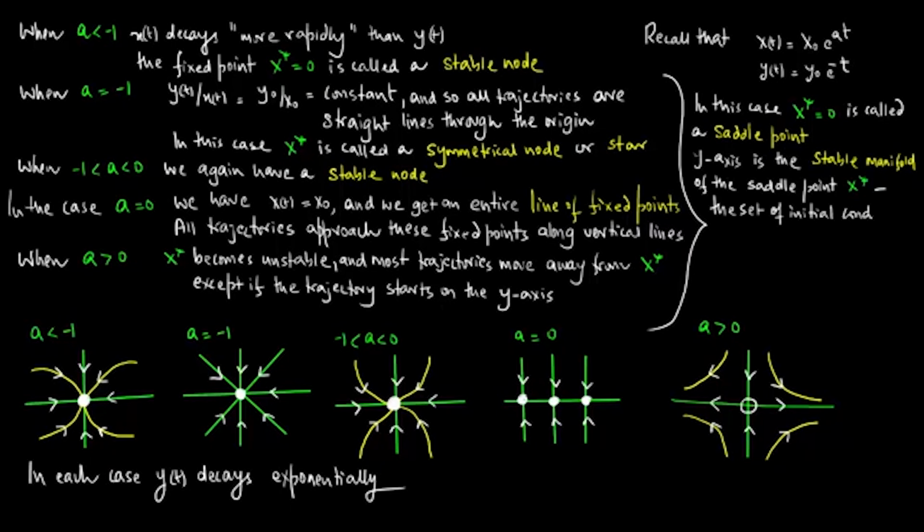which is the set of initial conditions x naught such that x of t tends to x star as t tends to infinity.